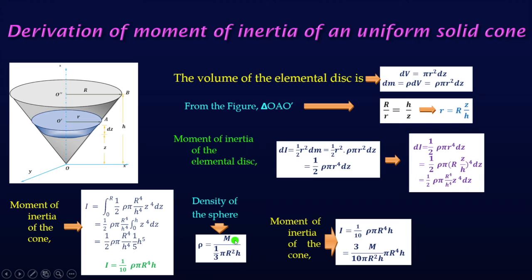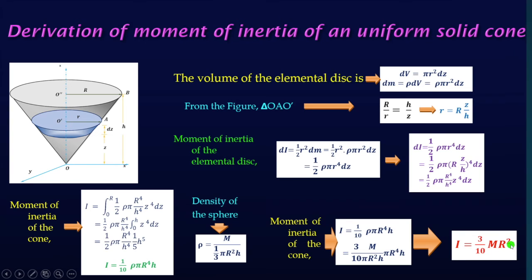Substitute this in this equation and we are getting this. So finally, we are getting the mass moment of inertia of the cone about an axis. This is equal to 3/10 of m r square. So here the value of k is 3/10.